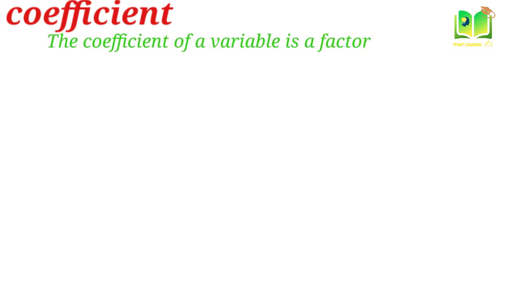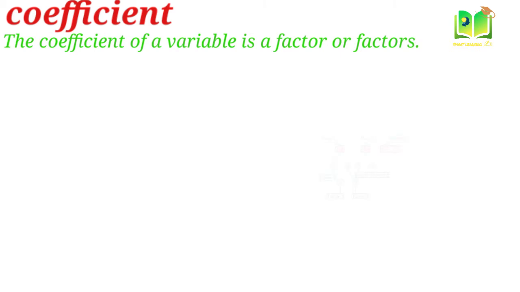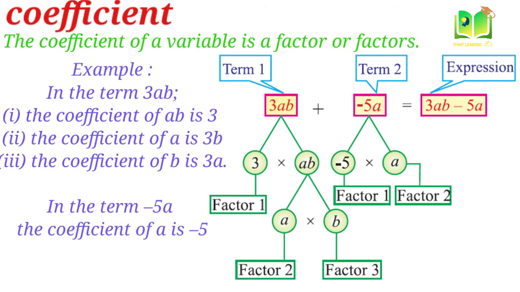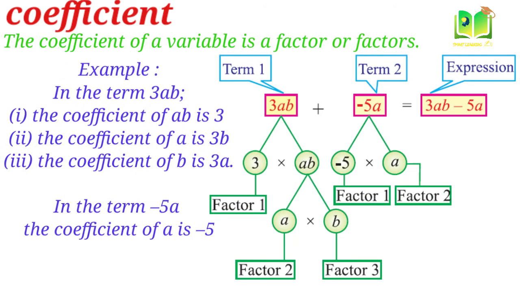Now here we will discuss elaborately about coefficient. What is coefficient? The coefficient of a variable is a factor. See here 3ab. The coefficient of ab is 3. The coefficient of a is 3b. If you consider b, then the coefficient of b is 3a.